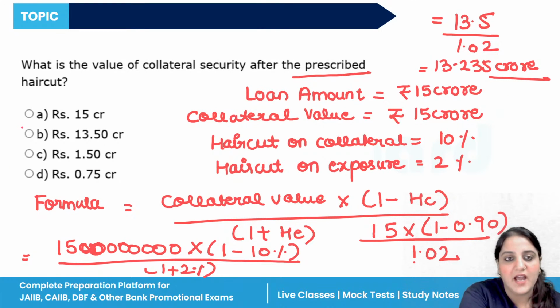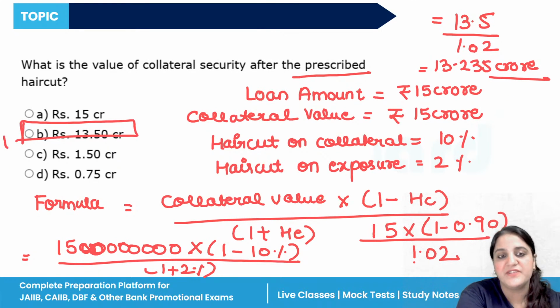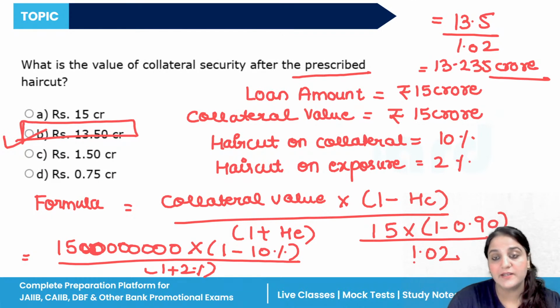So here we get the answer is 13.50 crore. So this is the answer. Loan amount, collateral value, haircut on collateral, haircut on exposure. Just with the help of the formula, we got our answer. Got it?